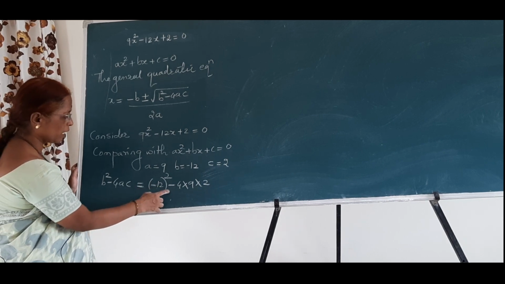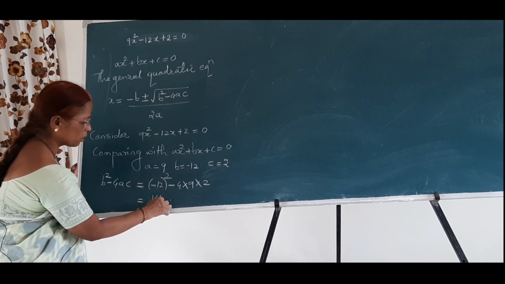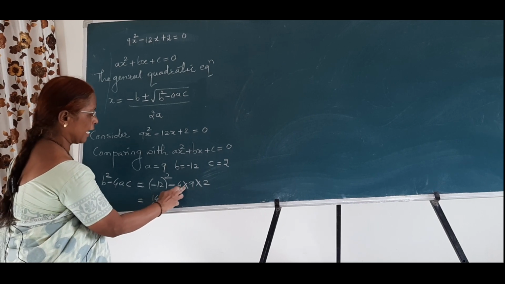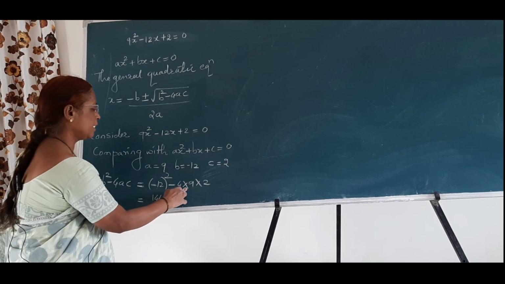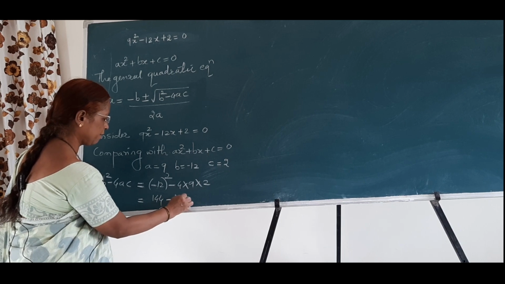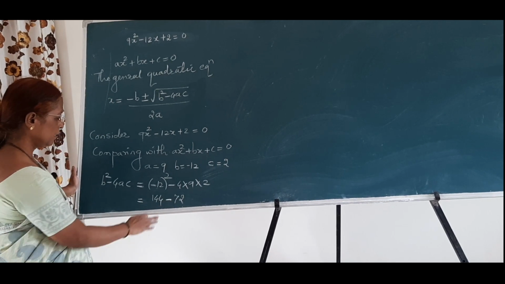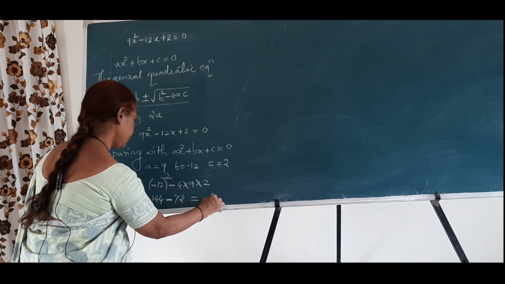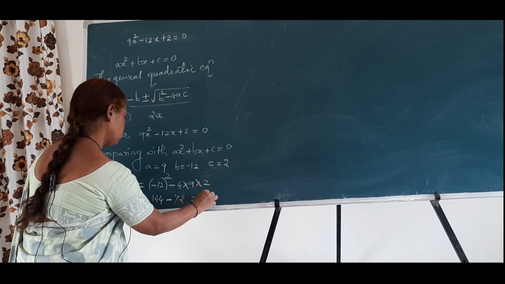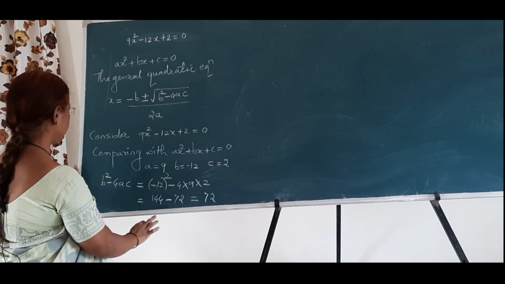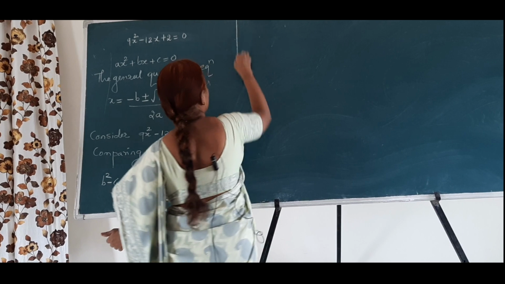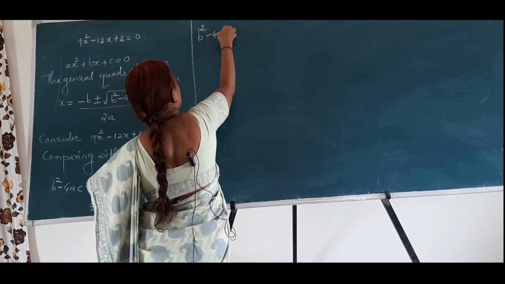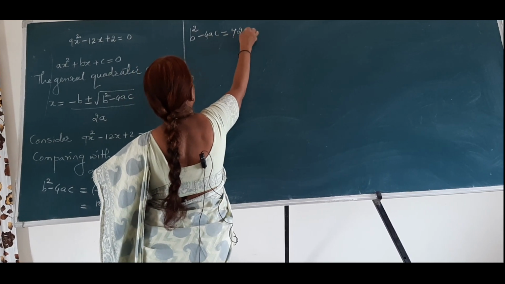Minus 12 square is 144, 12 twelves are 144, but it is positive. Minus 9 fours are 36, 36 twos are 72, and 144 minus 72 will be 72. So b square minus 4ac is equal to 72.